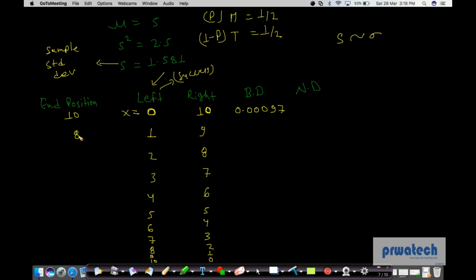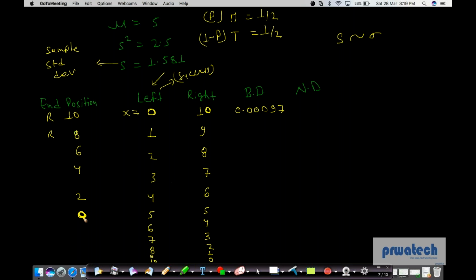Okay, so every time my end position will change. This is towards right, so let me say this is towards right, and 9 minus 1, 8, 8 minus 2, 6, 7 minus 3, 4, 6 minus 4, 2, 5 minus 5, 0.